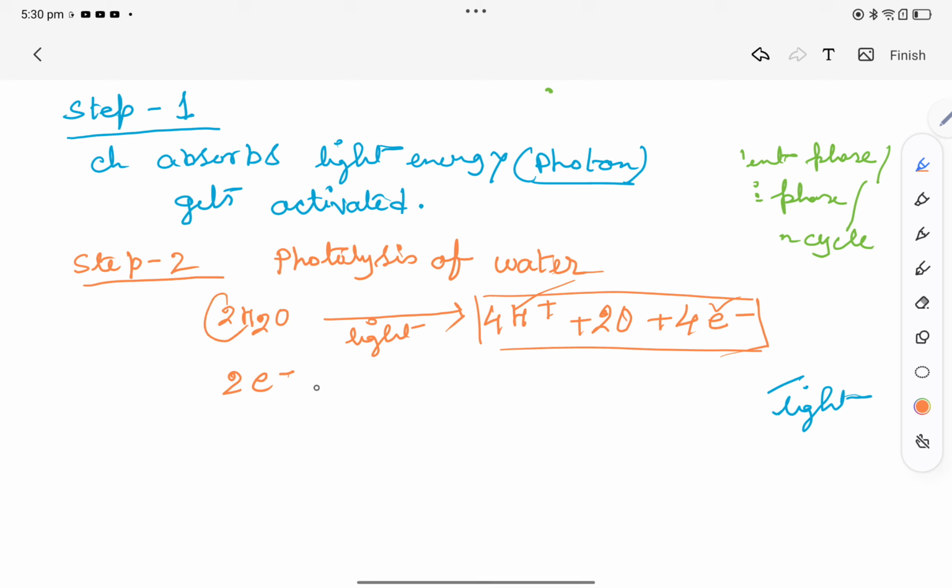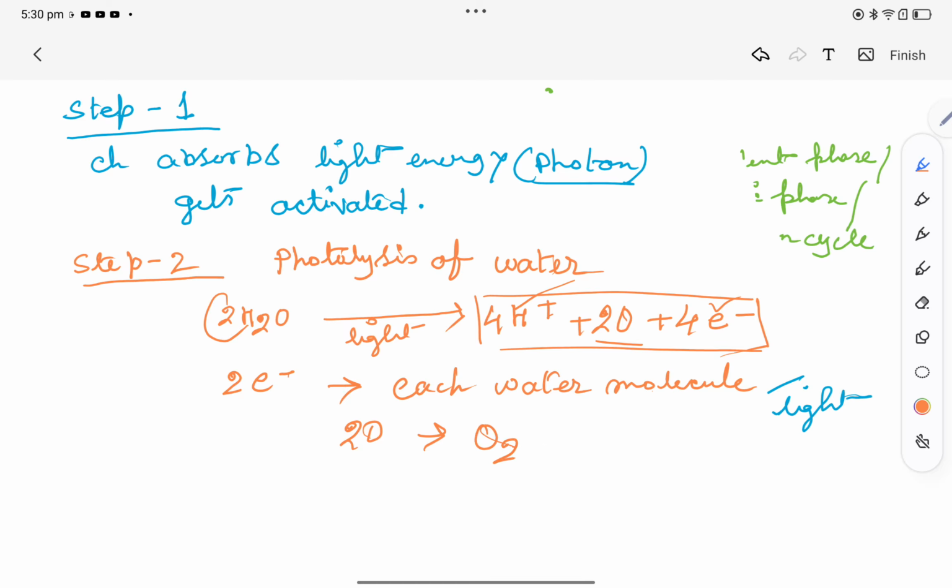The oxygen atoms convert into molecular oxygen.